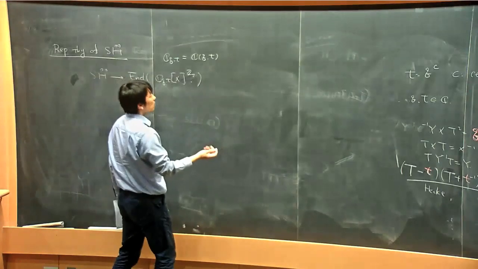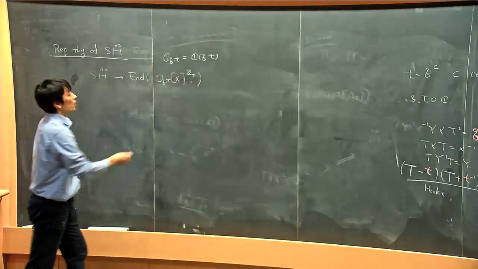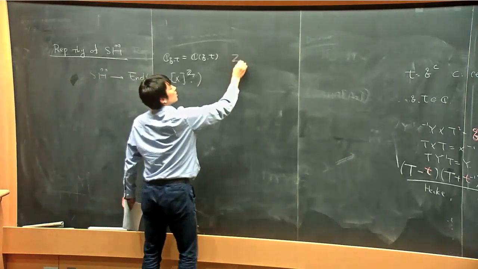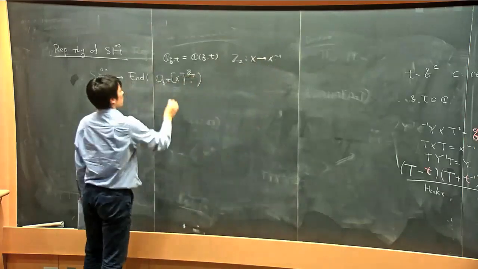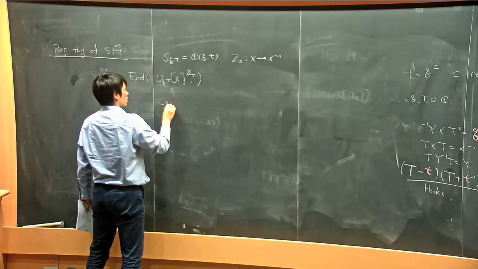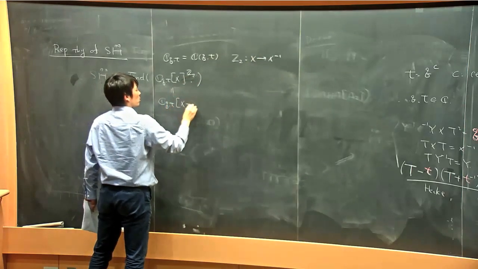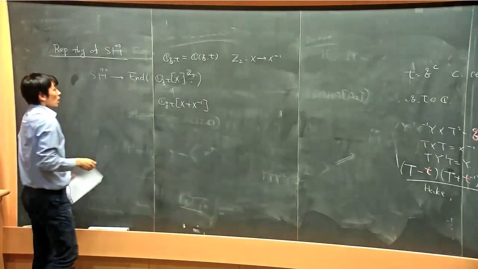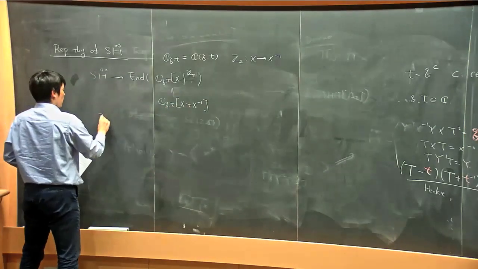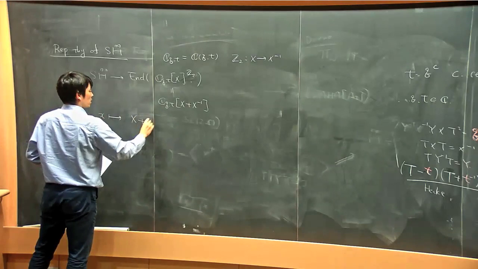It's the field of fractions of polynomials in q and t, and Z2 acts in the ordinary way, x goes to x inverse. So this ring of functions is the ring of functions of one variable, x plus x inverse. In particular, x is mapped to x plus x inverse.